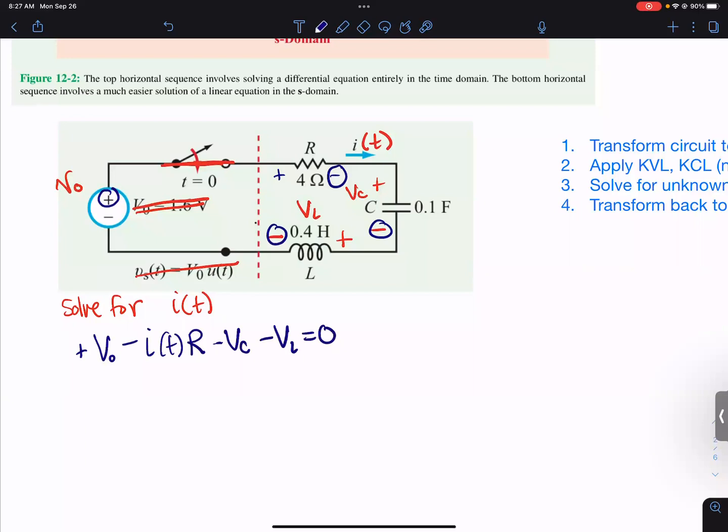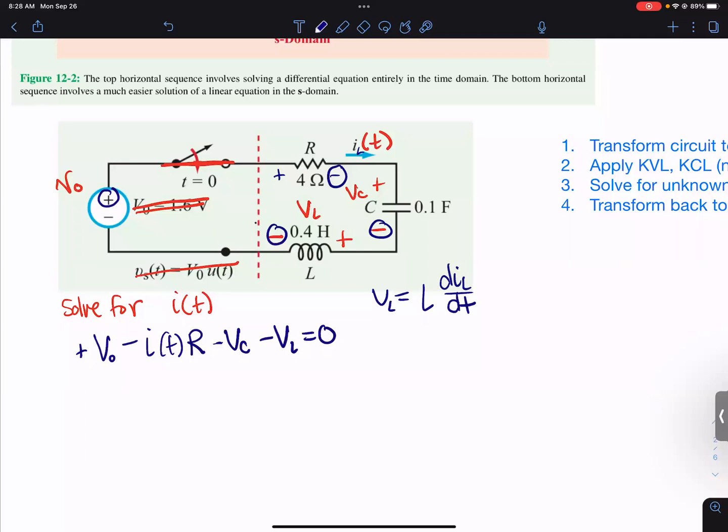And we know VL is L di/dt. And if we're trying to solve for, say, IL in here. So previously we solved for IL, so comparatively, we're going to use IL as our unknown variable.